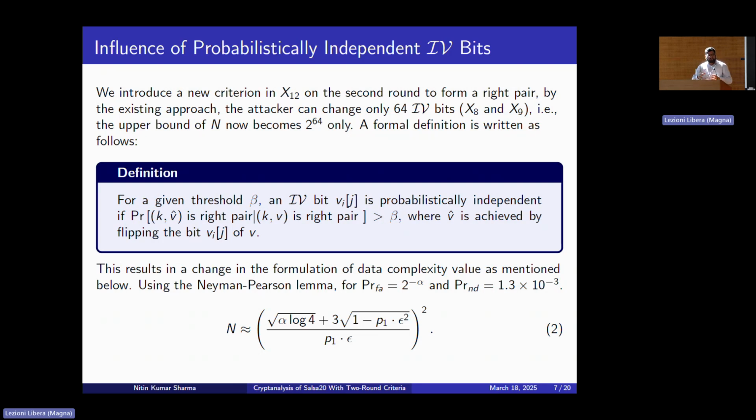But we also did work on this thing, and we combined the condition in such a sense that we modified the n formula. In previous work, this p1 value was not involved in this formula.